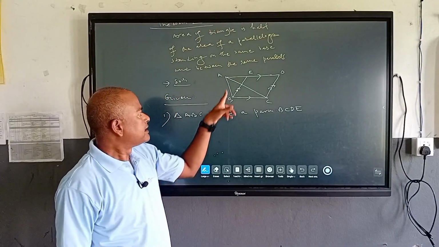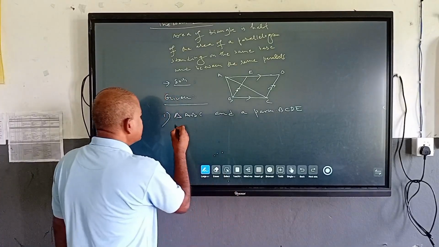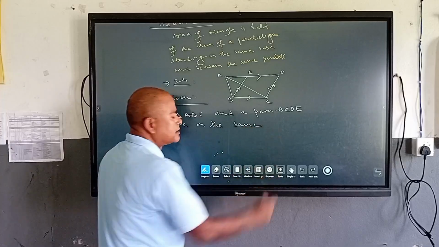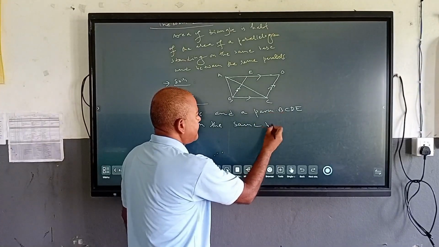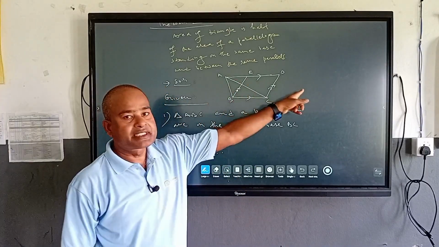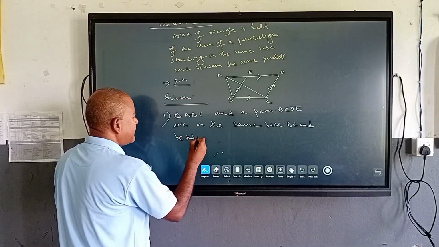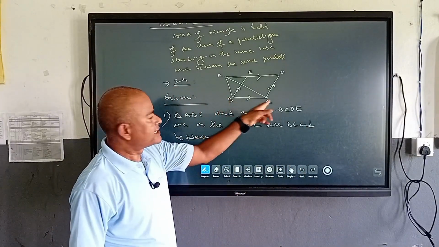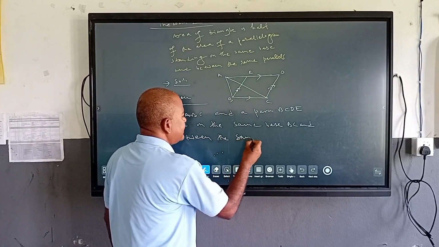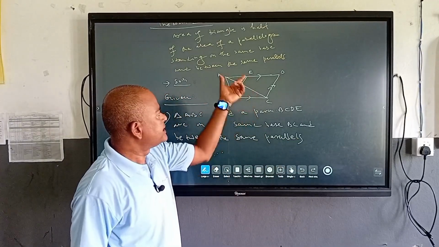A triangle ABC and a parallelogram BCDE are on the same base BC, and between the same parallel lines BC and AD.